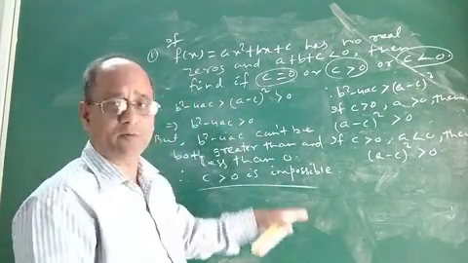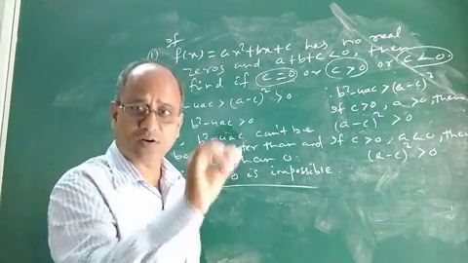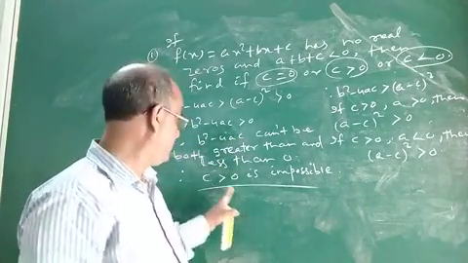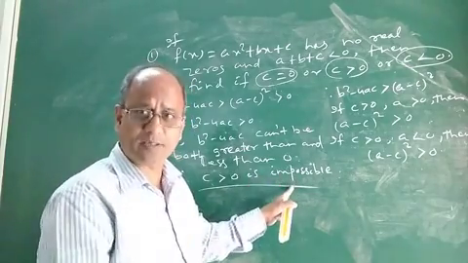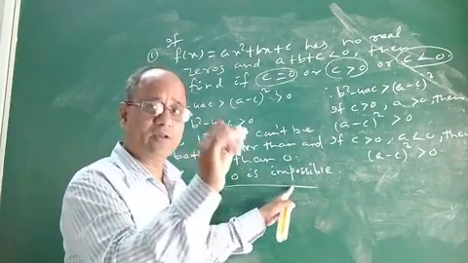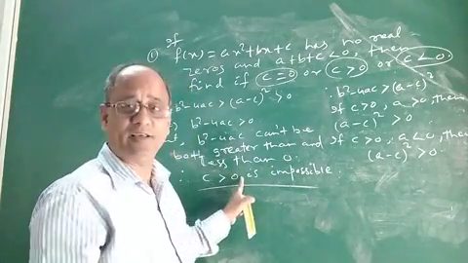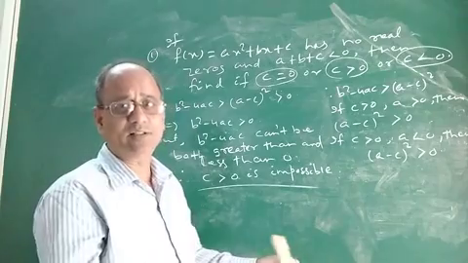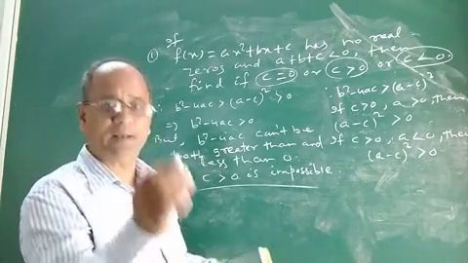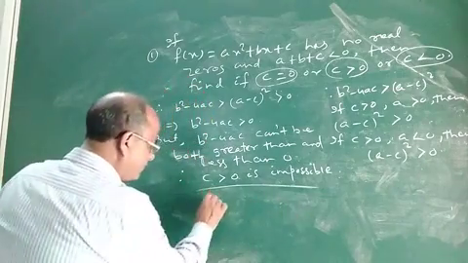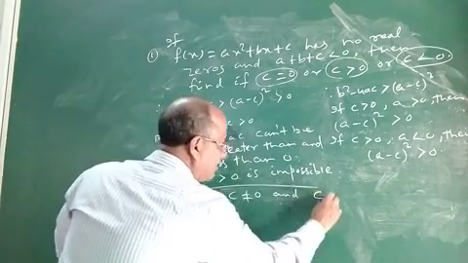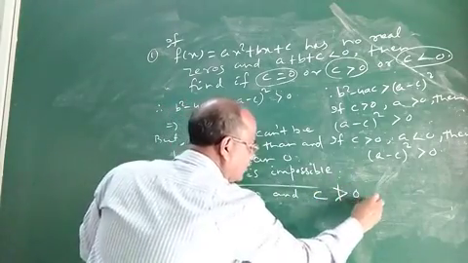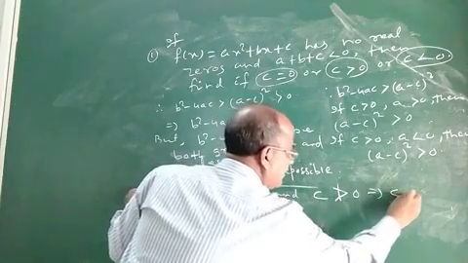In case 1 we proved c equal to 0 is not possible. In case 2 we proved that c greater than 0 is also impossible. So if c is not equal to 0 and c is not greater than 0, then definitely c must be less than 0. Therefore, c not equal to 0 and c not greater than 0 implies c less than 0.